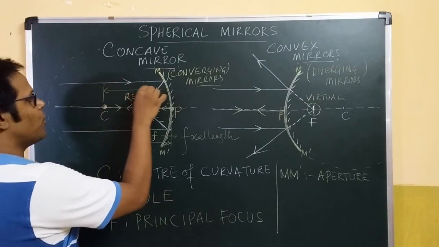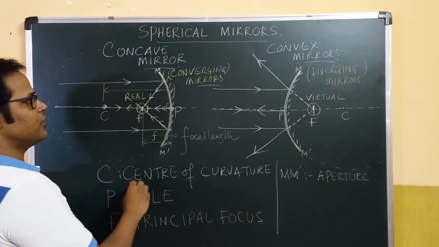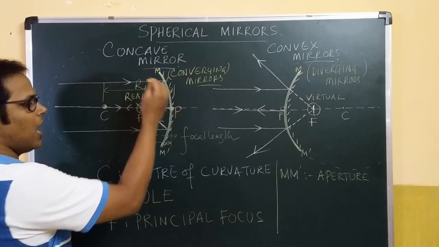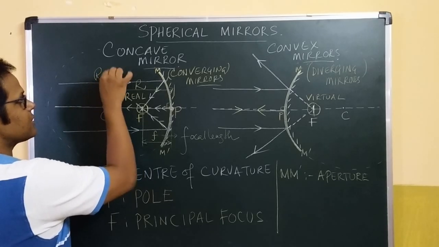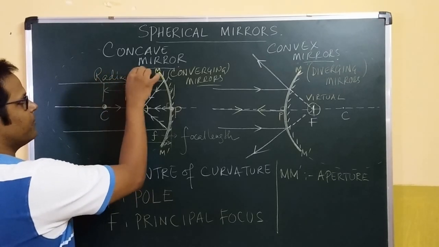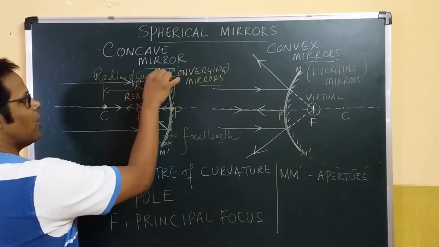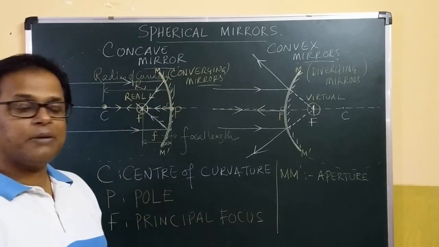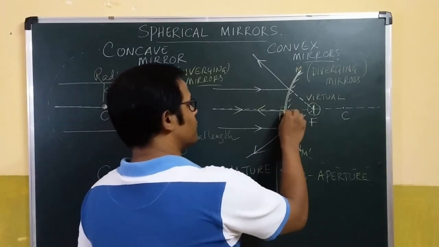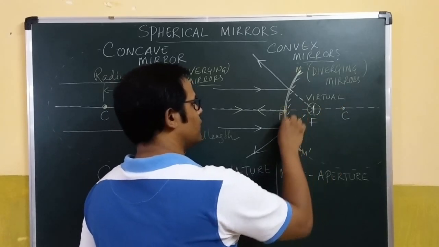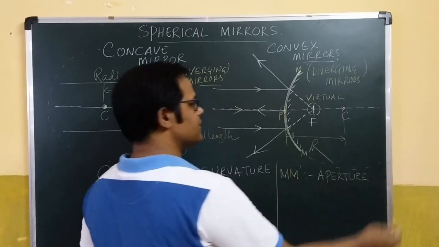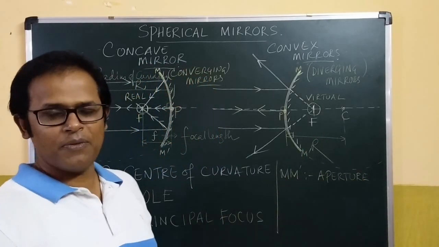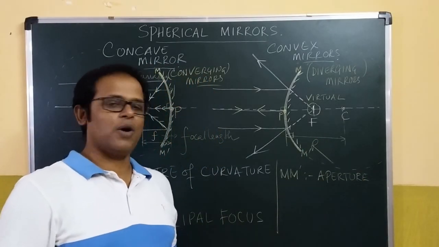This distance between pole to the center of curvature is denoted by capital R standing for radius of curvature. It is called as the radius of curvature of the mirror. Same here. From pole to the center of curvature for convex mirror is called as a radius of curvature. Hope I'm very clear till this point.